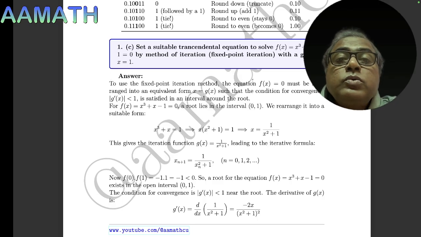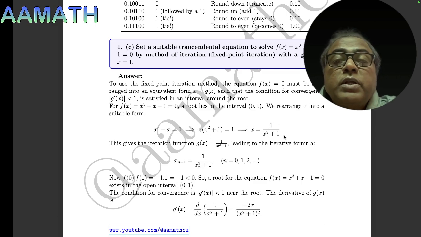So f(x) equals x cube plus x minus 1 equal to 0. A root lies in the interval 0 to 1. We rearrange it into a suitable form. So this implies x cube plus x equal to 1, which gives x equal to 1 by x square plus 1.